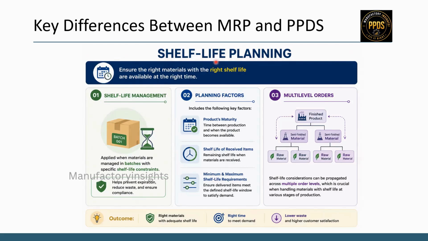Next, we will see shelf-life planning. In PPDS, shelf-life planning can be applied when materials are managed in batches with a defined shelf life. The planning process can factor in the product's maturity, the shelf life of received items, and the maximum and minimum shelf life requirements needed to meet demands.